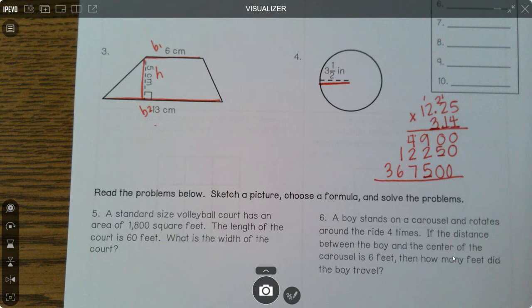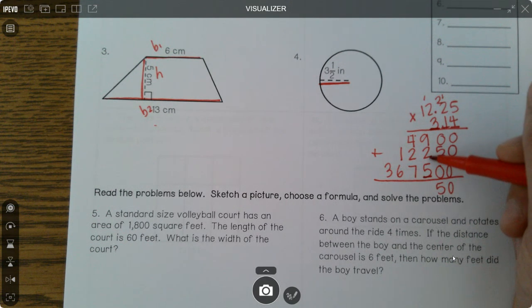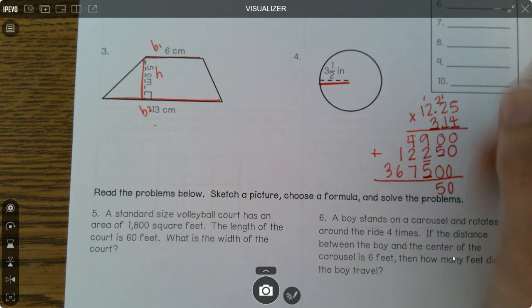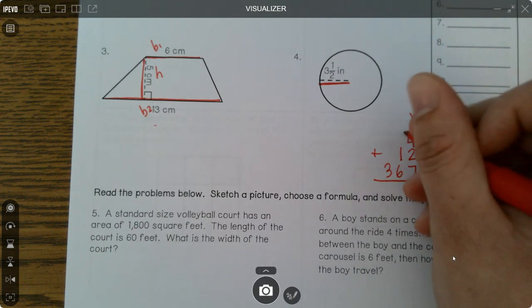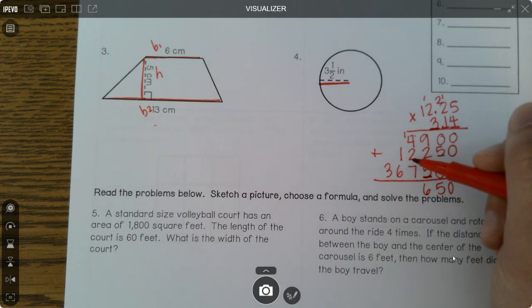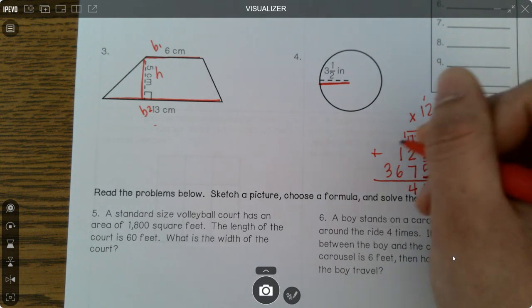Now let's add up my partial products. So I got a 0 all the way down, bringing down a 5. Now I'm going to look. 2 plus 5 is 7, plus 9 is 16. Carry my 1. And I have 1 plus 4 is 5. 4 plus 2 is 6, plus 1 is 7. 7 plus 7 is 14.